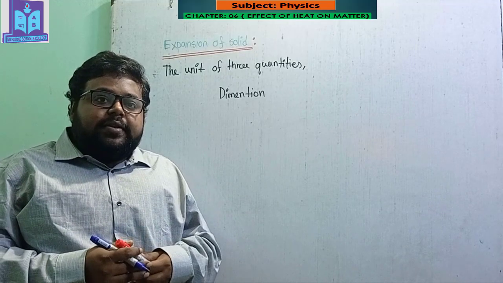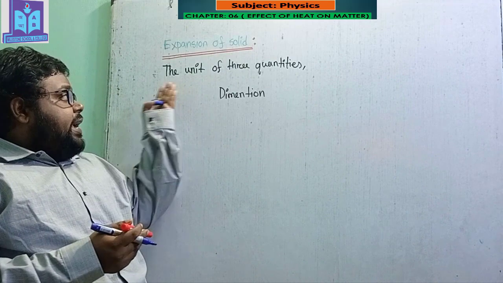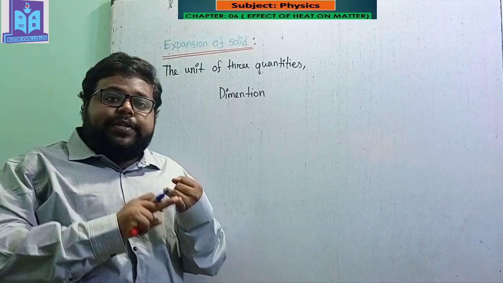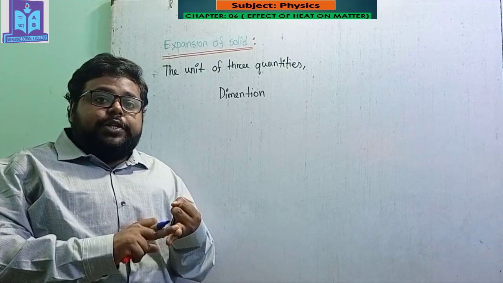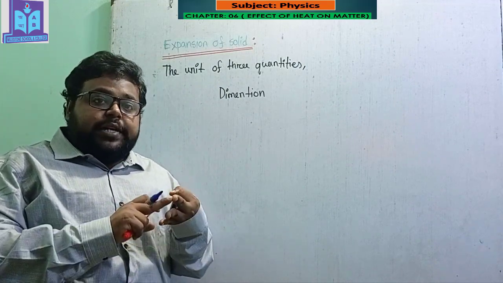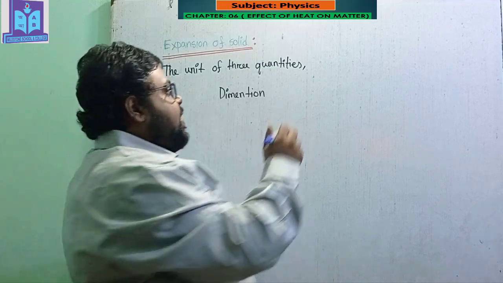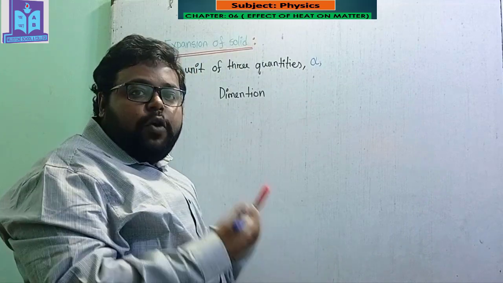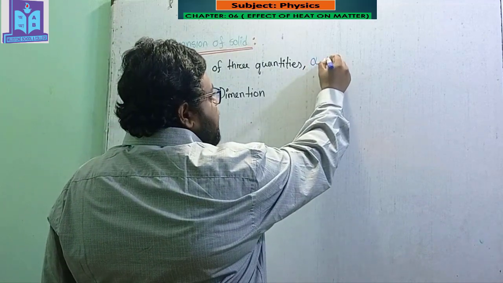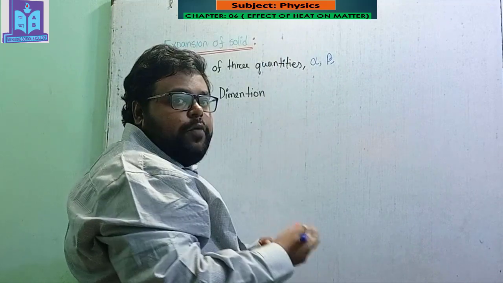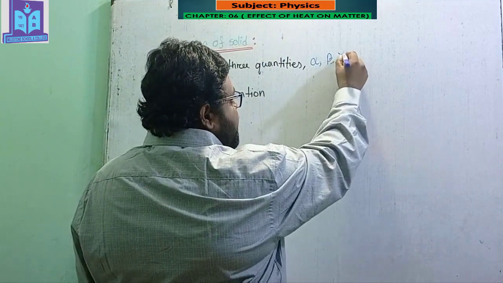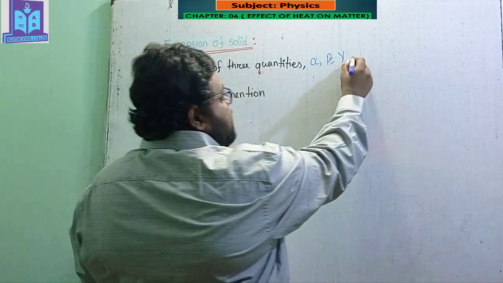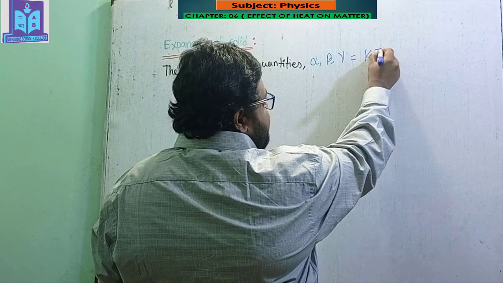Dear student, our next topic is the unit of these three quantities. That means, what is the unit of the coefficient of linear expansion, the coefficient of area expansion, and the coefficient of volume expansion. The coefficient of linear expansion is alpha, the coefficient of area expansion is beta, and the coefficient of volume expansion is gamma. The unit of these three quantities is per Kelvin.